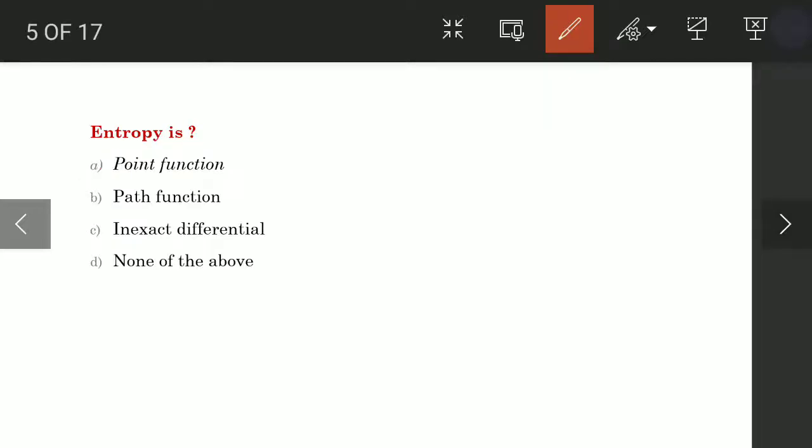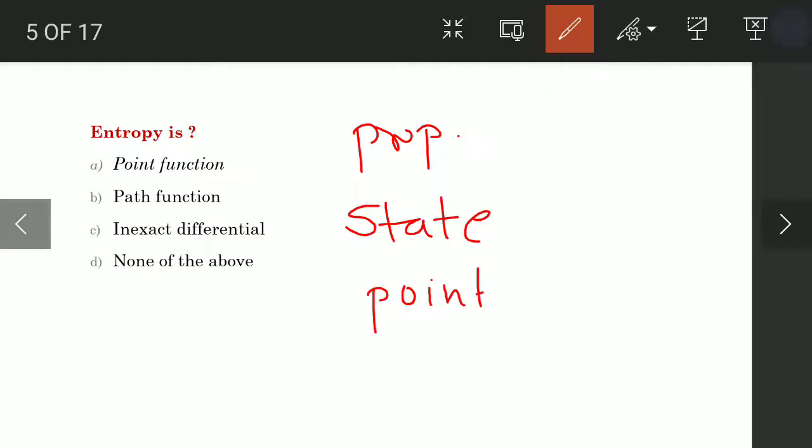Next, entropy is... now you can answer this question. I have just told you entropy is a property, and whenever it is a property, it is a state function, a point function. It is not a path function.